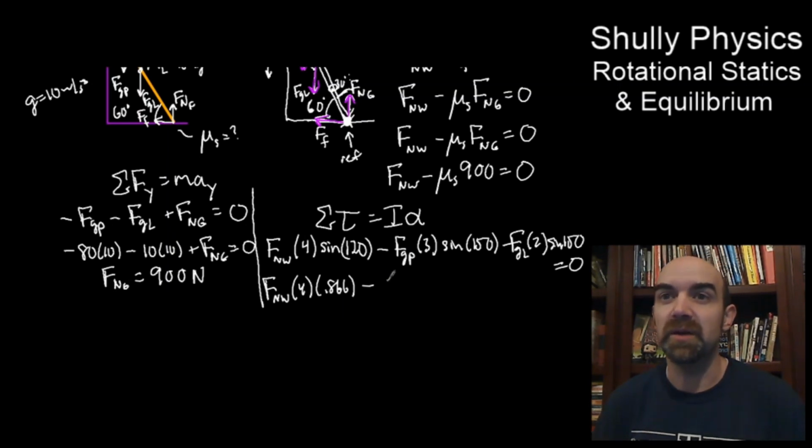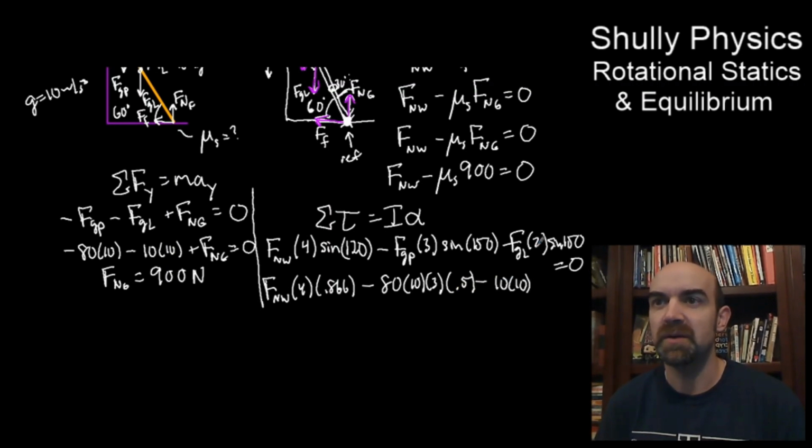Then we got the weight of the person. That's 80 times 10. Torque arm is 3. And sine of 150 is 1/2. You got the weight of the ladder. 10 times 10 times 2 is the torque arm. And sine of 150 is 1/2. All that equals 0.